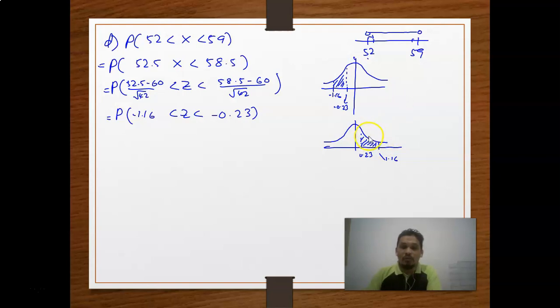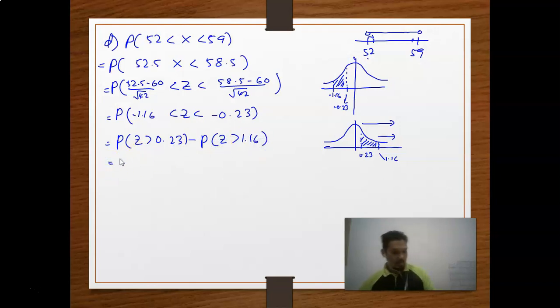Class, we can only find the result by finding the probability of Z greater than 0.23 minus the probability of Z greater than 1.16.